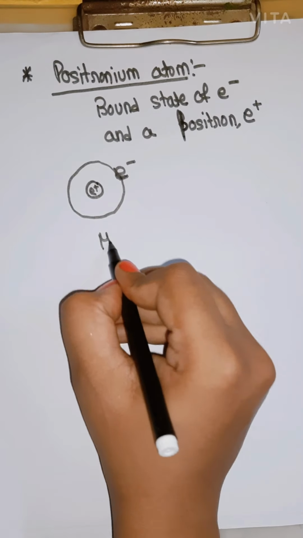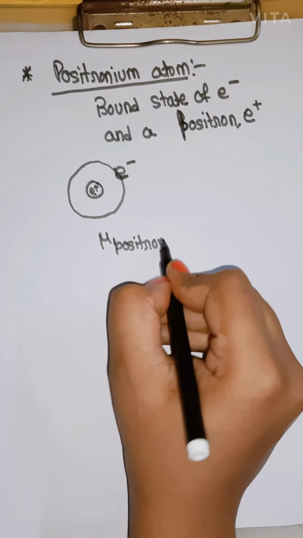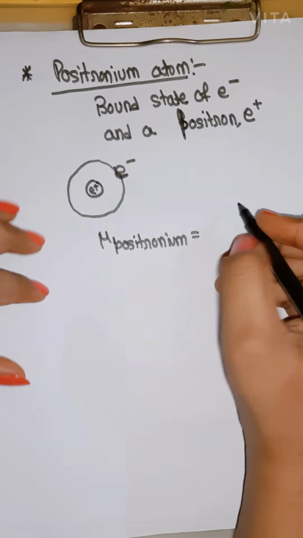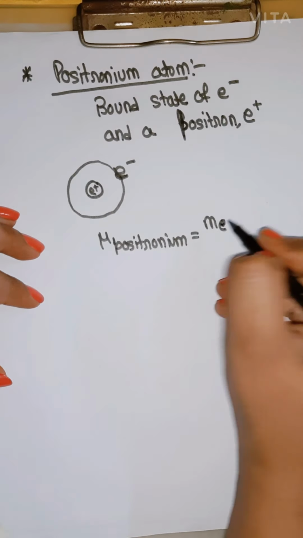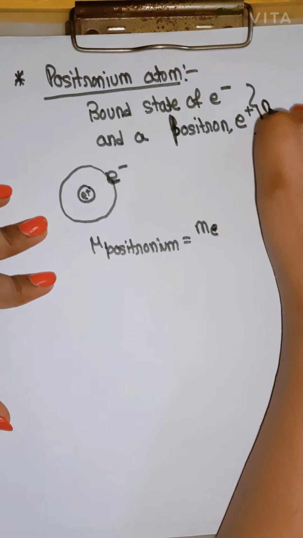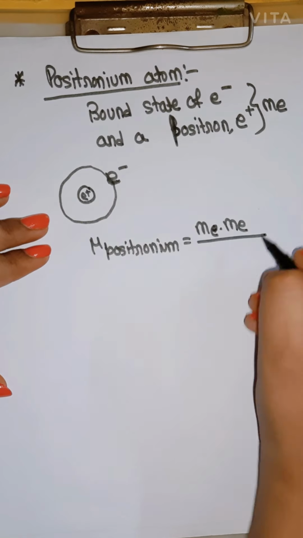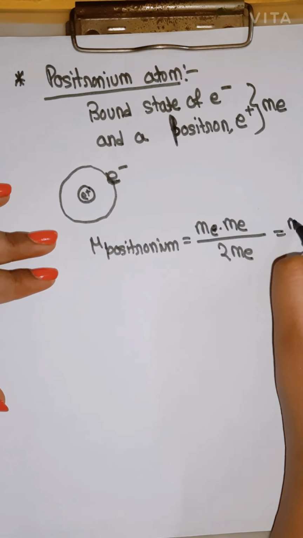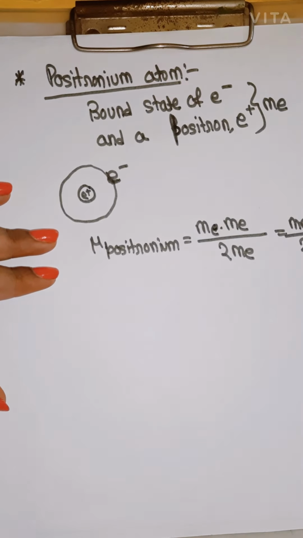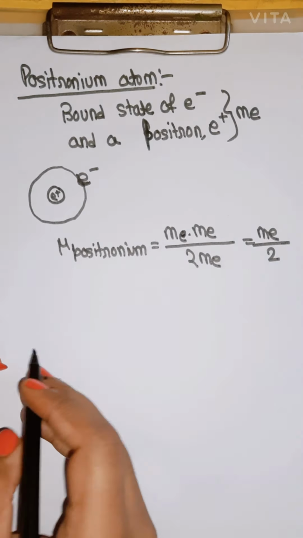So now if we calculate the reduced mass for the positronium atom, we have the mass of the nucleus, which is Me. The mass remains the same for both, so Me, and the mass of the electron Me, by Me plus Me, twice Me, which is equal to Me by 2. So the reduced mass will be Me by 2.